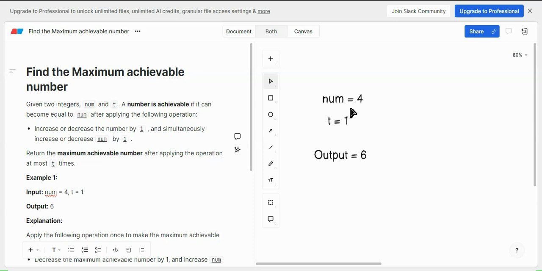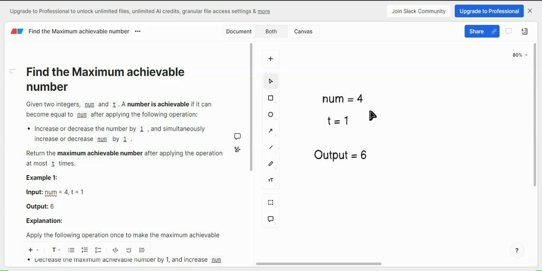A number is said to be achievable if it can become equal to num after applying the following operations. We can either increase or decrease the number by 1, and simultaneously we can again increase or decrease the number by 1. We need to return the maximum achievable number after applying these operations at most t times.